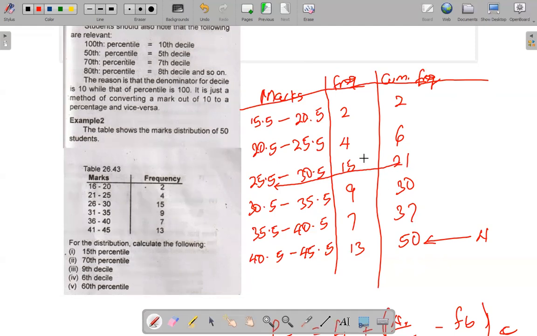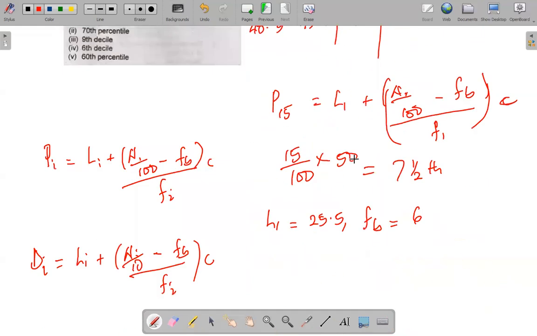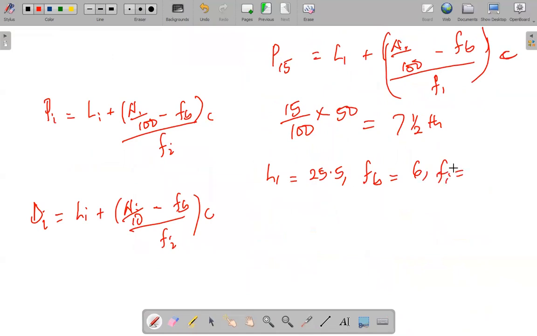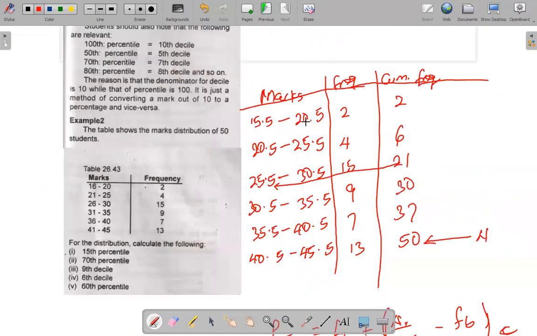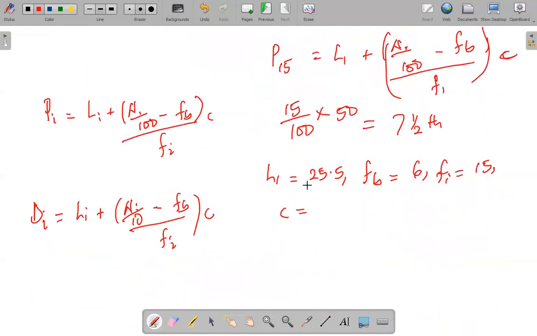The frequency there is 15. So Fi is equal to 15. C is the class size of the percentile in question. The class size for the whole data is the same, 15.5 to 20.5. The difference there is 5. The same thing, 25.5 to 30.5. The class size is 5. So C is equal to 5.